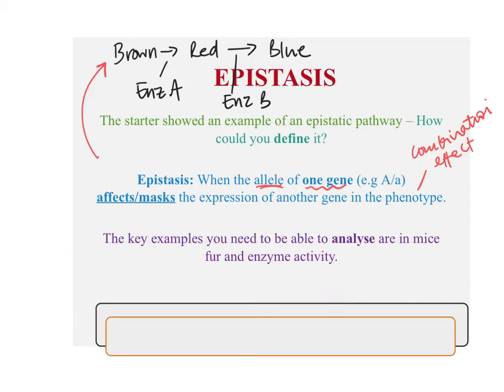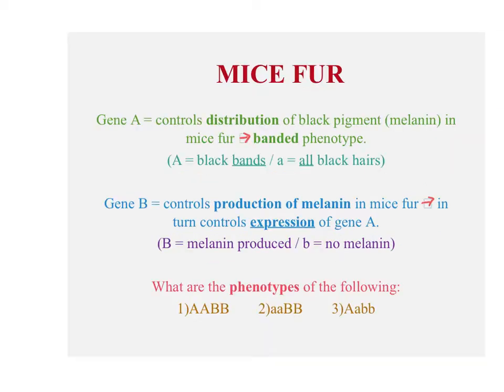And the example, for some reason, that they want you to use in the exam is looking at mice fur and their colouring normally. So let's get started. Let's have a look. This is the standard example, as we've said, it's mice for your A levels. And we've got two genes controlling the colouring of that fur.